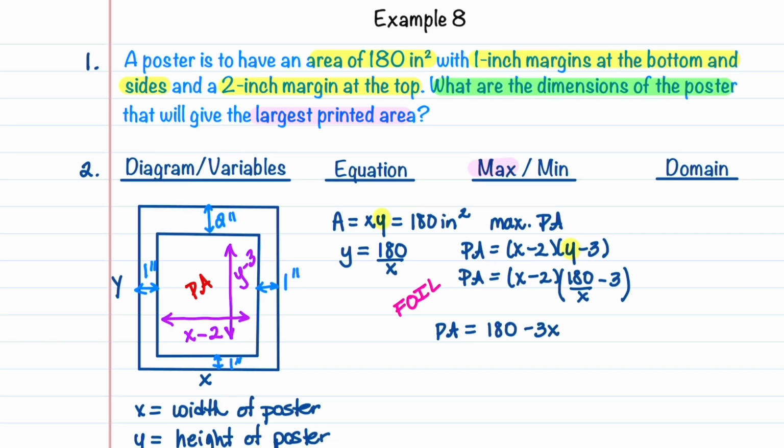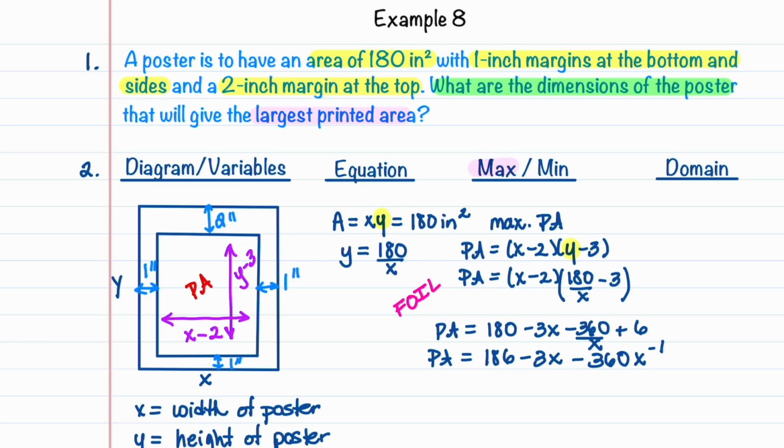And then our inner terms give us a minus 360 over x. And then our last terms are plus 6. We can rewrite this and combine the 180 and the 6. So we have 186 minus 3x minus 360 over x. And then let's write this as 360 times x to the minus 1 because it'll be easier to take the derivative.